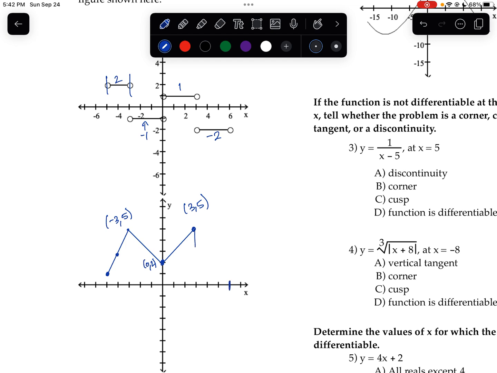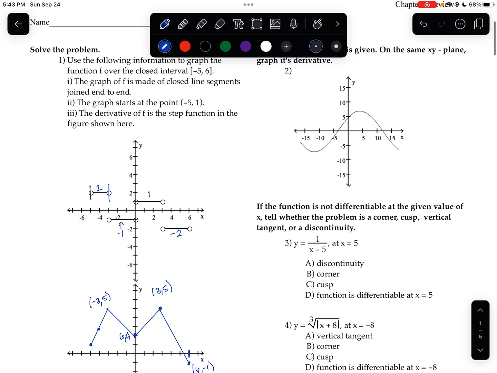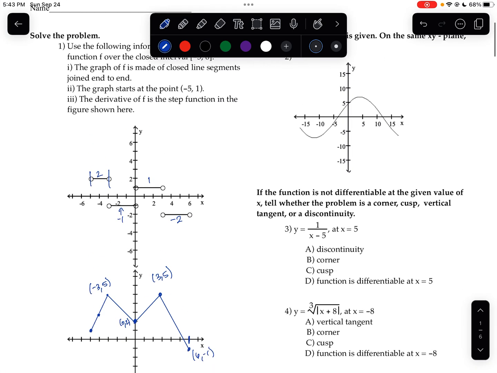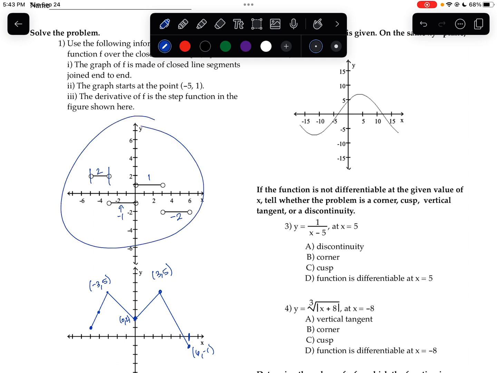So that means I'm going to go down 2 over 1, and then down 2 over 1, then down 2 and over 1, which would put it right here at the point (6, -1). Alright, and there is the graph of f. So I think we covered everything. Closed line segments, the graph starts at (-5, 1), and the derivative, so the slope of this graph, is shown here. Okay.